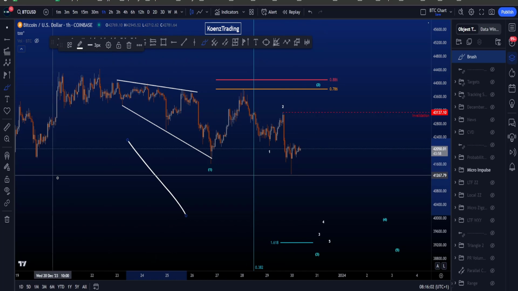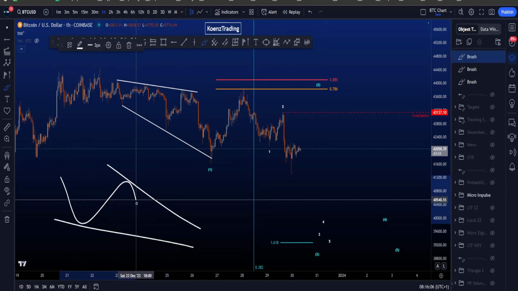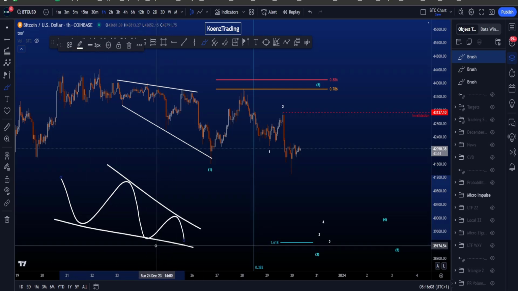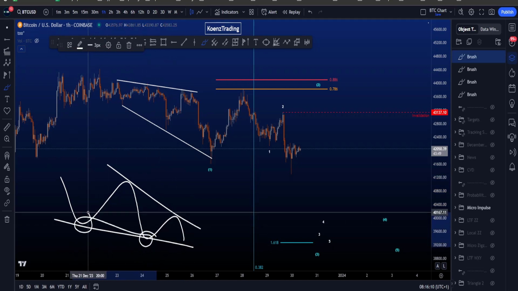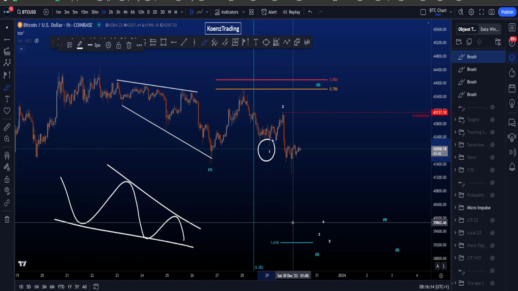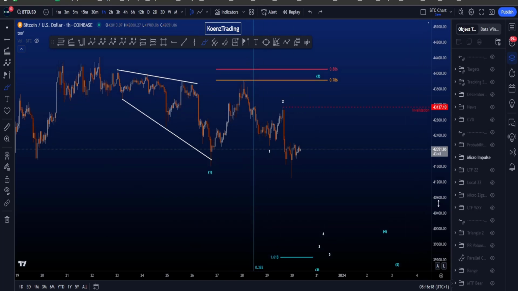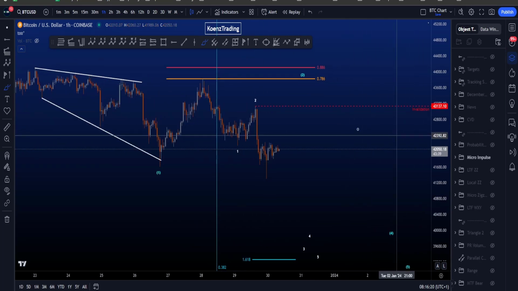Preferably in a double 1, 2 you have your first wave 1, first wave 2, and then your second 1 and 2 move below the first wave 1 over here. And at the moment that is not the case. If this is your second wave 1, it's not below the first wave 1, so it does lower the probabilities a little bit for this particular scenario.